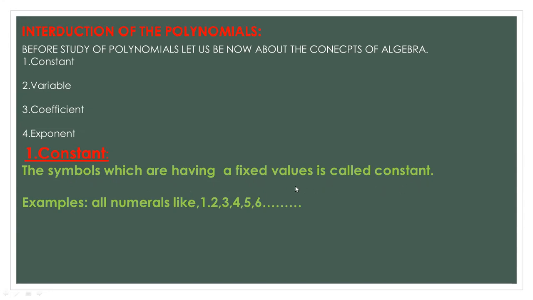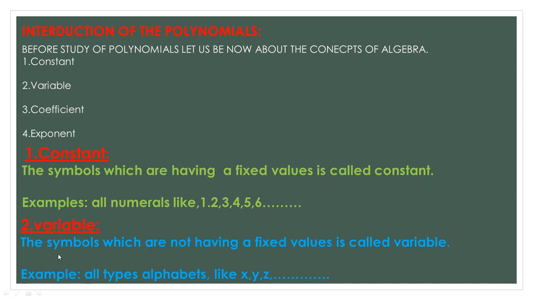Already students, you are all very familiar with the constants. For example, all your numerals, it means your numbers like 1, 2, 3, 4, 5, 6, and so on. Next one is variable.